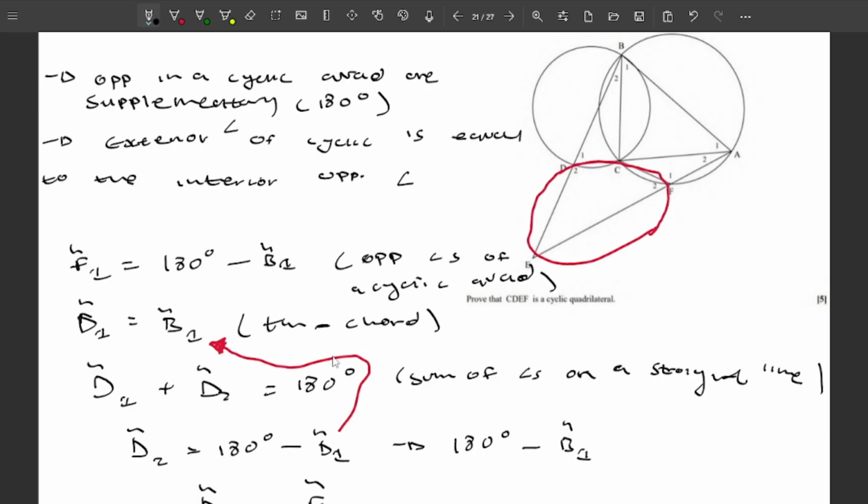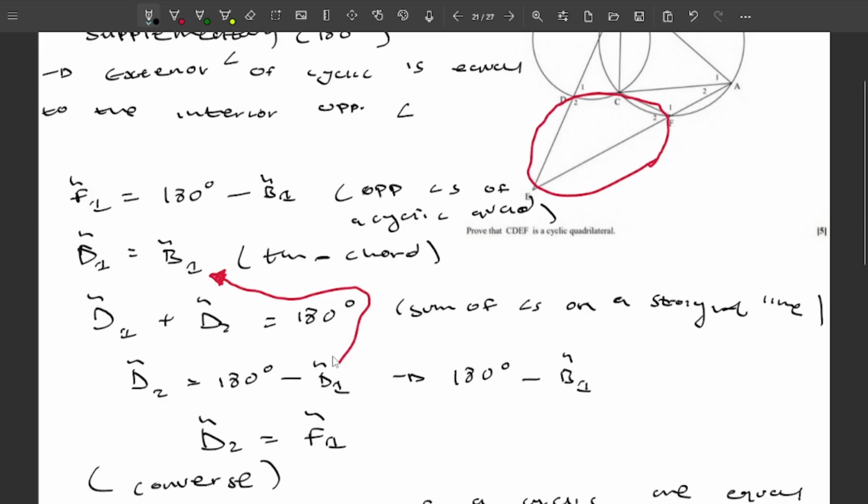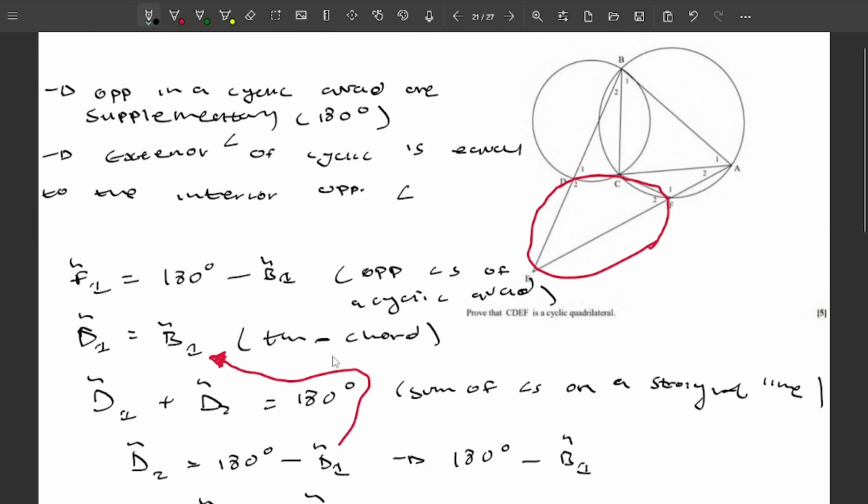You would firstly find F1, which is 180 minus B1, then use angles on a straight line, and it would probably take another 1 or 2 minutes. I won't do it in this video because I'm just trying to emphasize my point of using the second method.